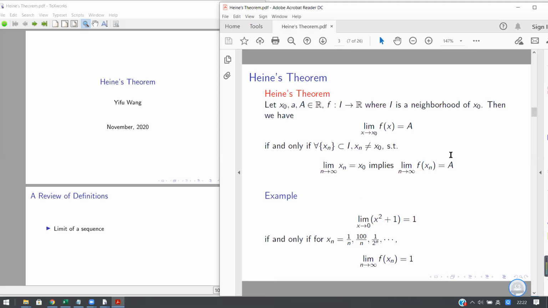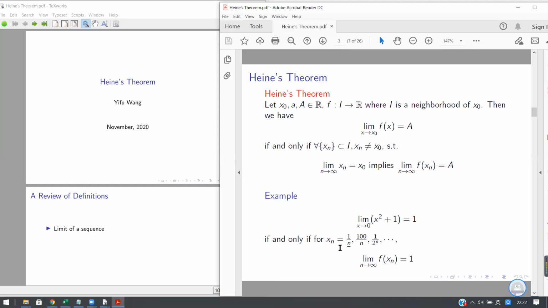This theorem claims that this limit holds if and only if for all these kinds of x_n going to 0, well, we have introduced many sequences that go to 0, for example this one, and there are many of these kinds of x_n.